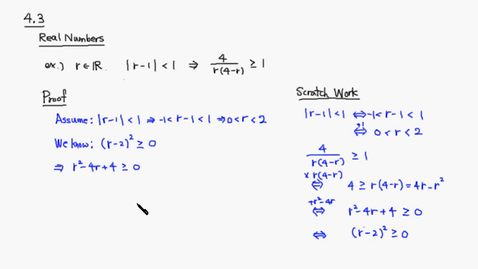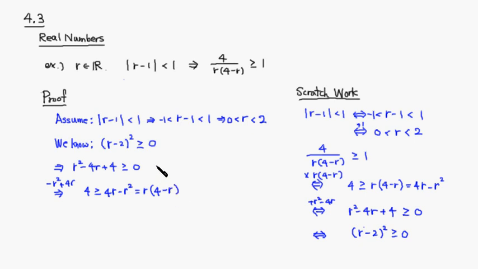Then what we want is to subtract r squared and add 4r. That way we get 4 is greater than or equal to 4r minus r squared, which is exactly the same thing as r times 4 minus r.